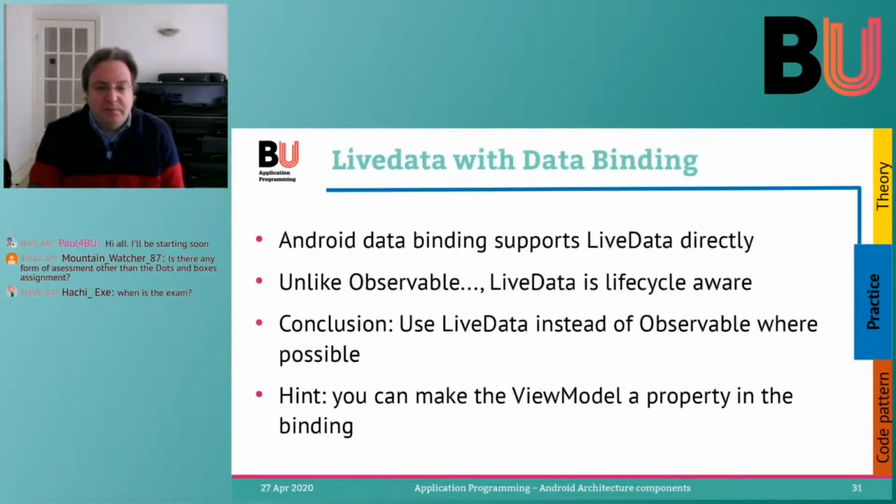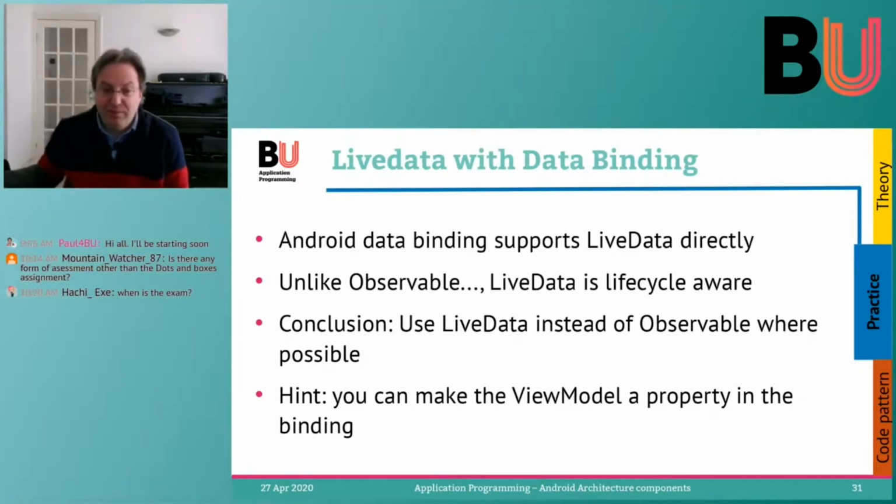You can actually also use LiveData with data binding. So you just have data binding that provides this particular data. It is lifecycle aware, so if you provide it a LiveData, it will do the correct thing.